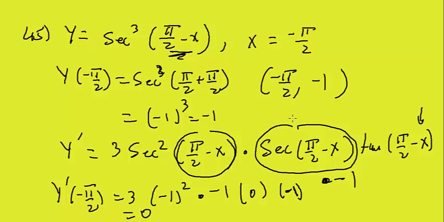I'm not done with you yet. M is equal to 0. What kind of a line are you going to get when the slope is 0? Don't say straight line, because all lines are straight. It's a horizontal line that goes through that point. How do you write the equation of that horizontal line?